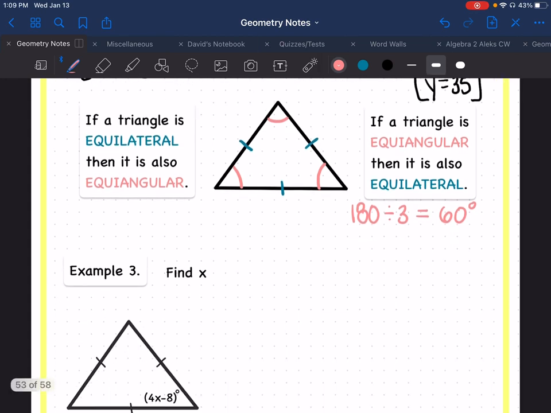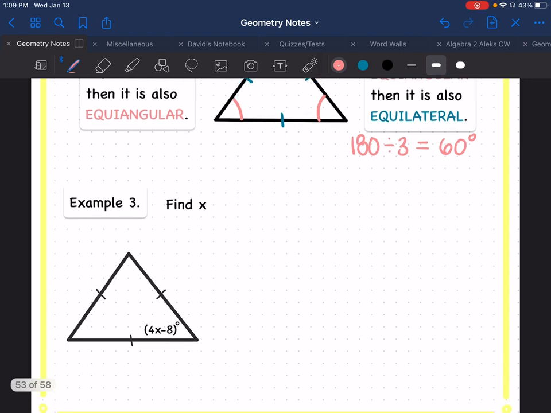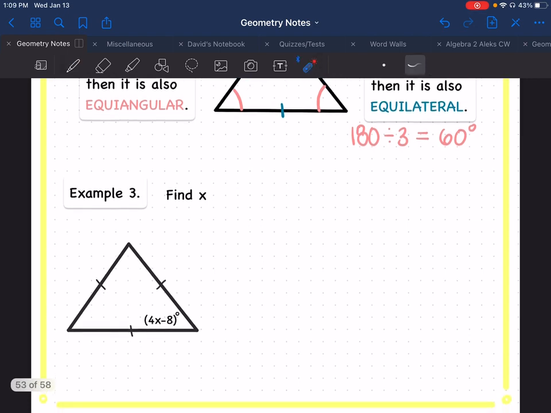All right, I have only one example for you of my equiangular triangle. And as you can see, I have shown you that it is equilateral, which means I also know it is equiangular. So I could go ahead and say, I know all these angles are the same.